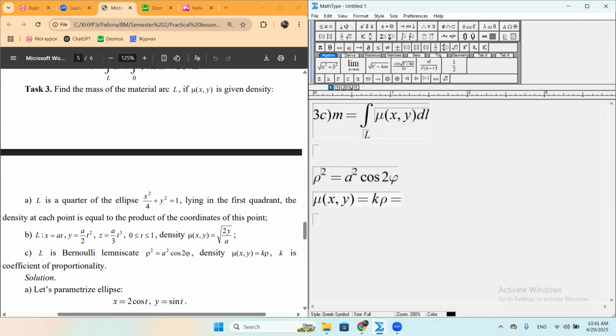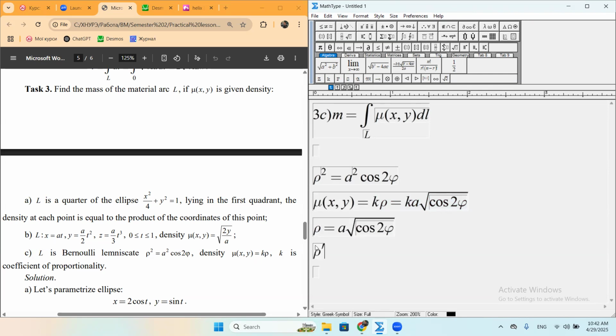Let's also write it down in the explicit form. So it will be k a times the square root of cosine of 2 phi. Now let me also calculate dl. So rho square we already know, and what about rho prime?